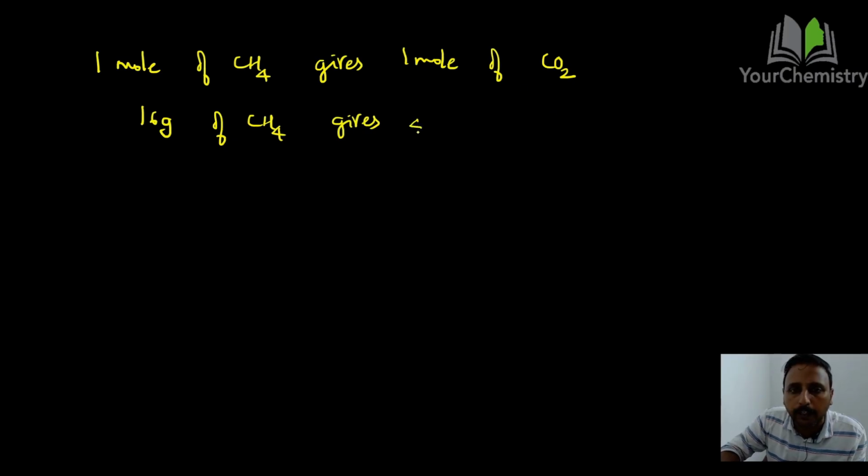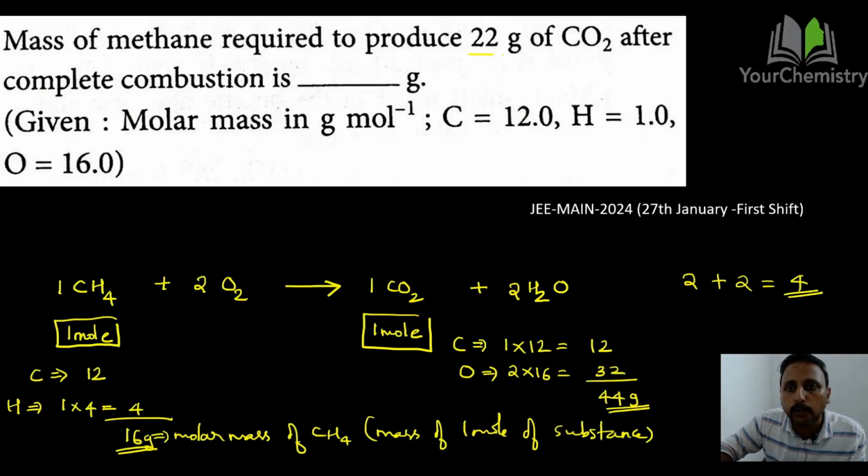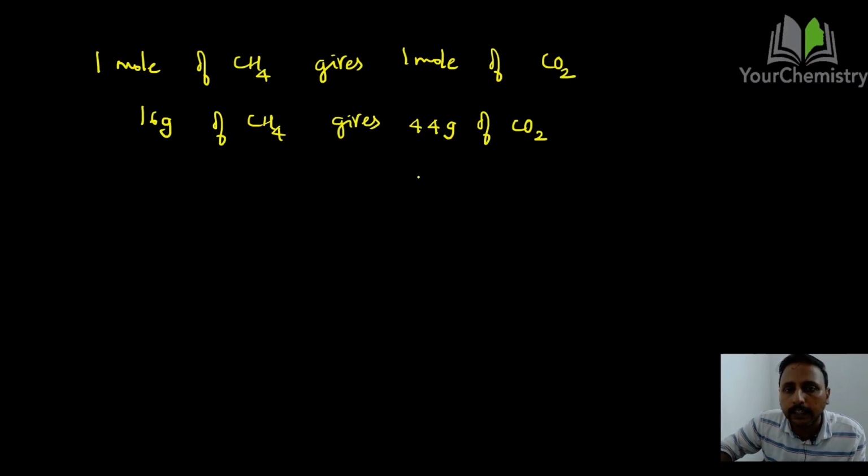We already found that, that is 44 gram of CO2. So they are asking 22 gram of CO2 is coming from how much mass? So let us take X gram of CH4 gives 22 gram of CO2.